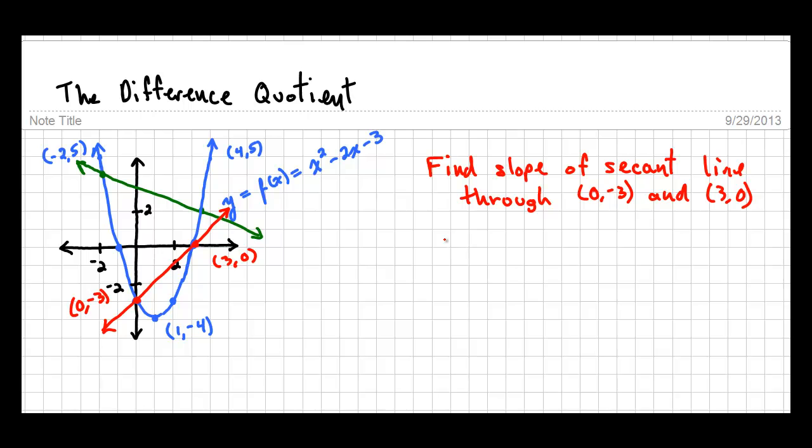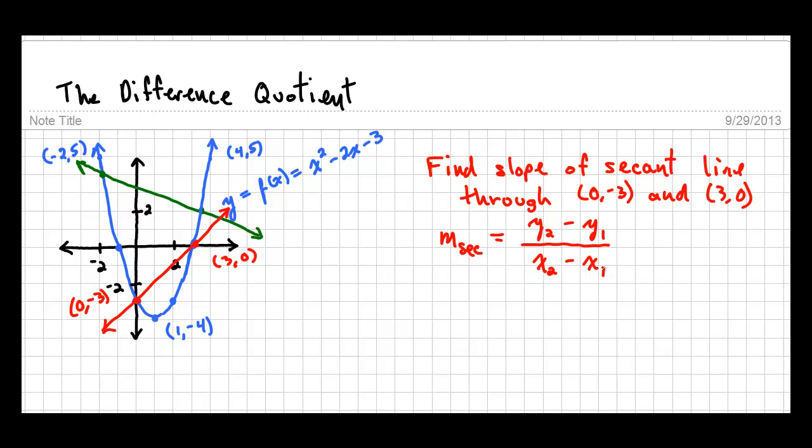We've got a slope formula that says the slope, I'm going to use secant as a subscript, of the secant line is equal to, this is how you learned it, y2 minus y1, the difference in the y coordinates, over x2 minus x1, the difference in the x coordinates.